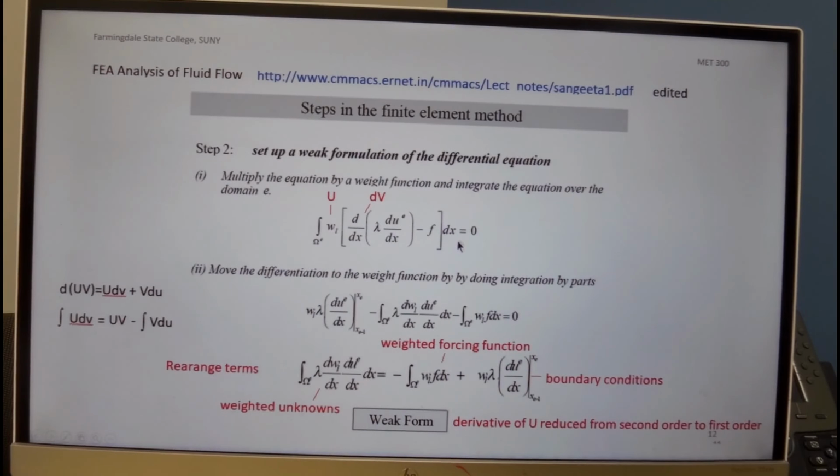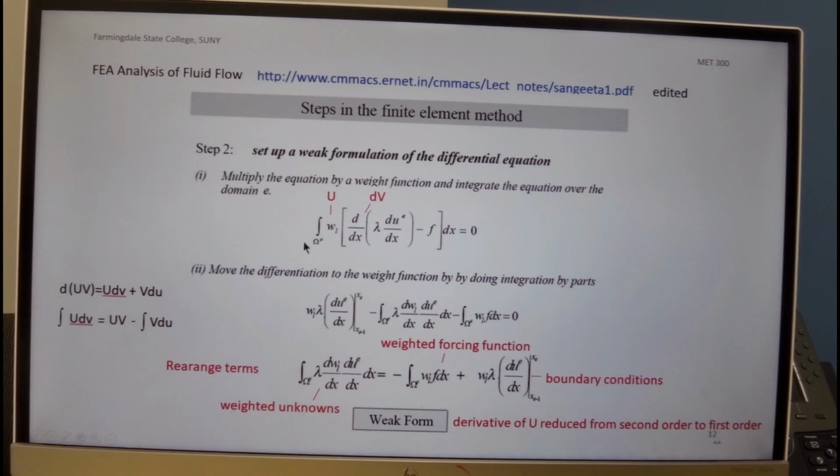What we have here is the weighted residual that we saw earlier, and we have the assumed approximated solution plugged into that formulation. Now what we have to do is take an integral by parts of this form.